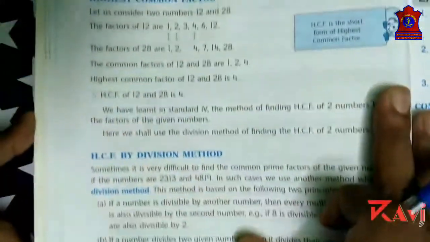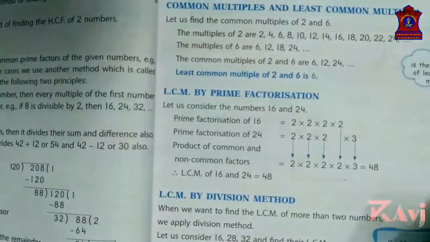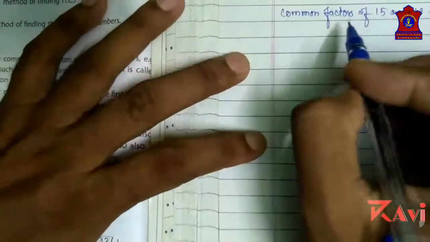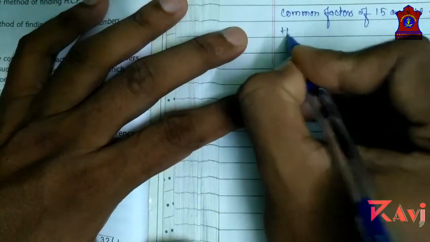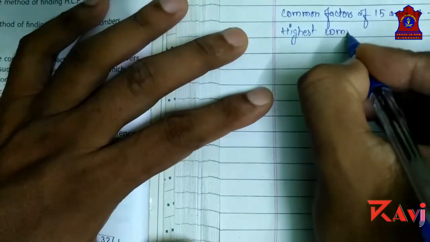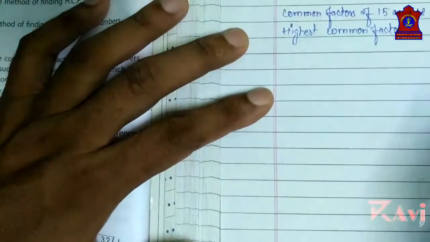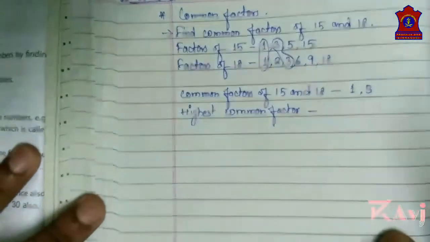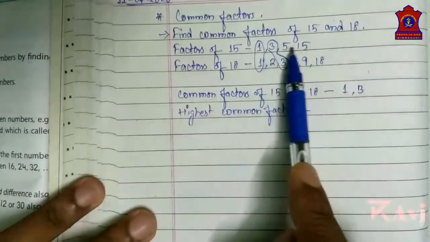Now next, after common factor, we will be finding the highest common factor. Now what is highest common factor? See here, we have got all the factors of 15, that is 1, 3, 5 and 15.